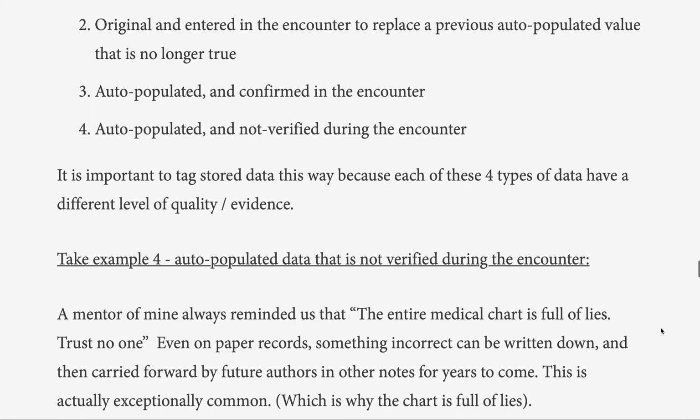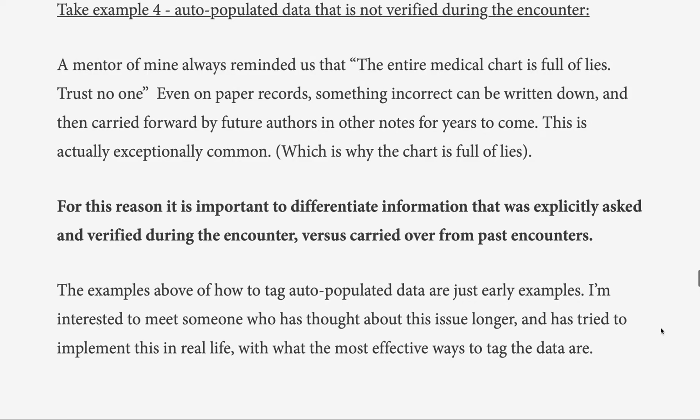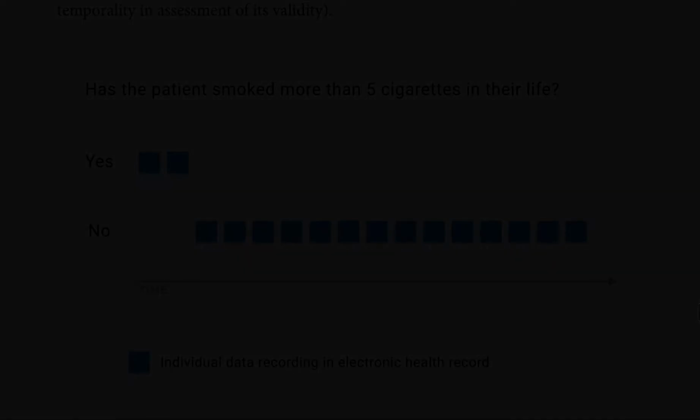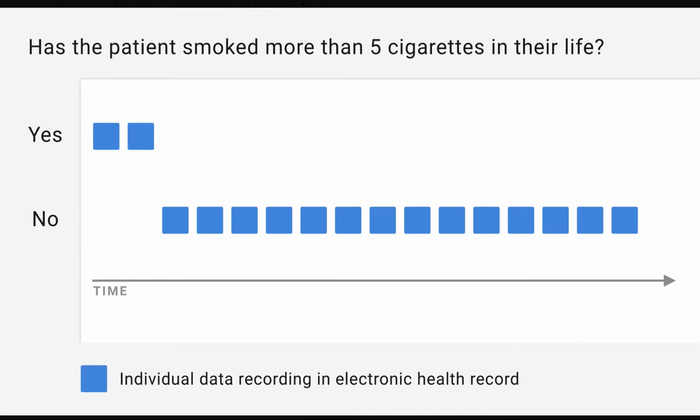And let me explain why this is very helpful. One of the mantras when you start medical training is that you're often taught that the entire medical chart is full of lies, and that you should trust no one. Or at least that was what one of our mentors taught us going through medical school.